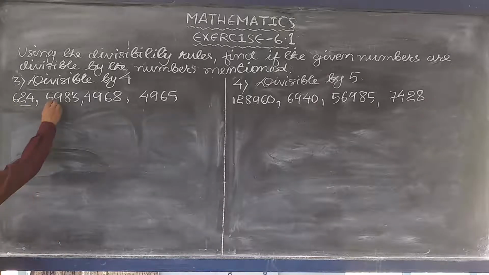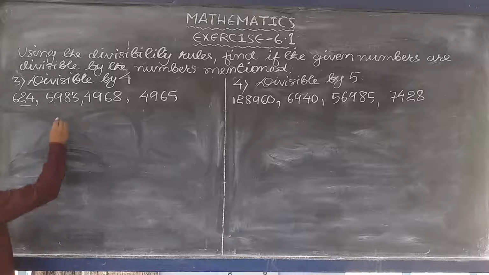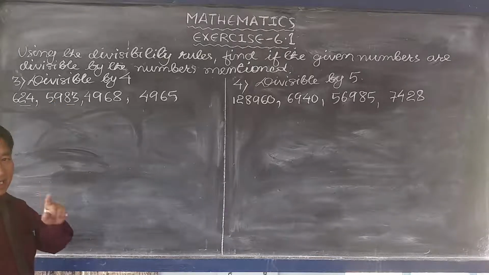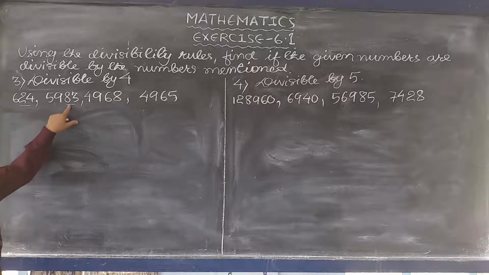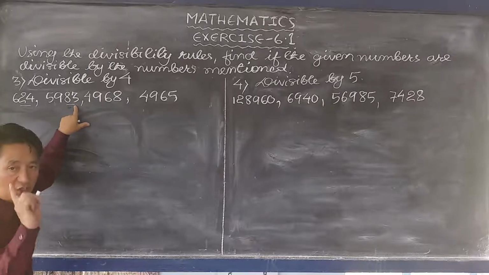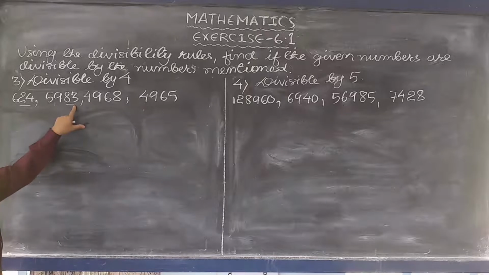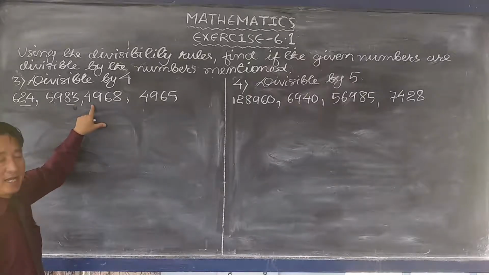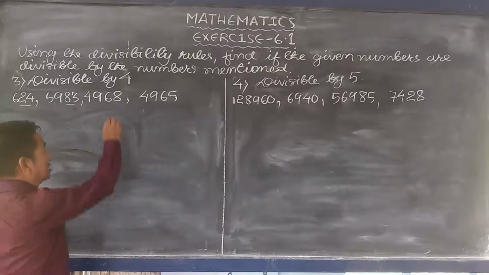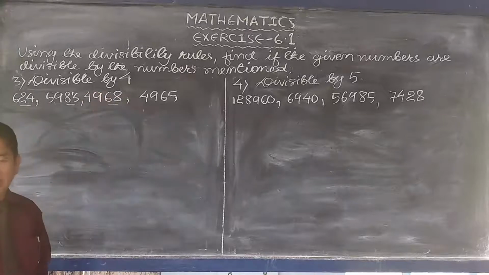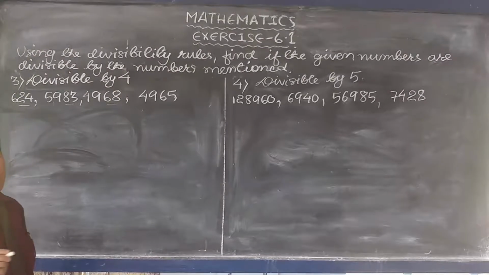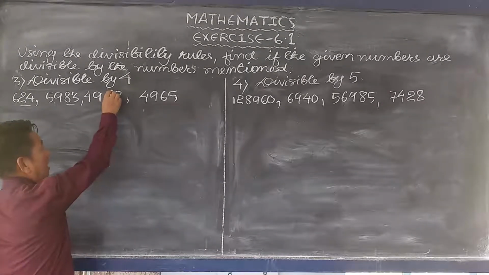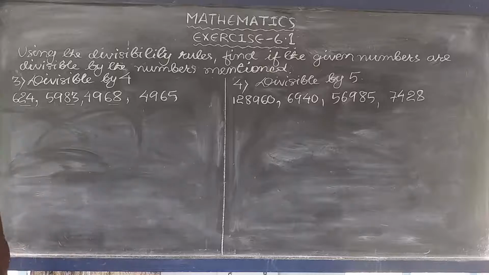And here 5983. The number formed by the last 2 digits is 83. 83 is not divisible by 4. That means 5983 is not divisible by 4. Now next, here the number formed by the last 2 digits is 68. 68 is divisible by 4. 4 ones are 4, 2 left, 28, 4 sevens are 28.